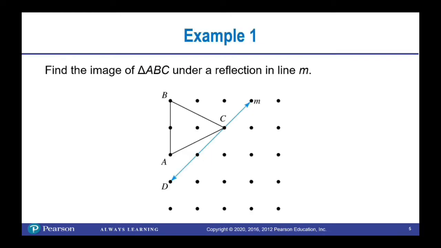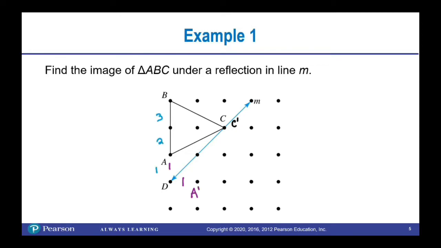In example 1, we are asked to find the image of triangle ABC under a reflection in line M. What's going to happen here is each of our points is going to be the same distance from M, but across M. Now C and C prime are the same since C is on line M. Notice that A is 1 away from D. So when I reflect A across line M, I am still 1 space away from D, and so I have my new point A prime.